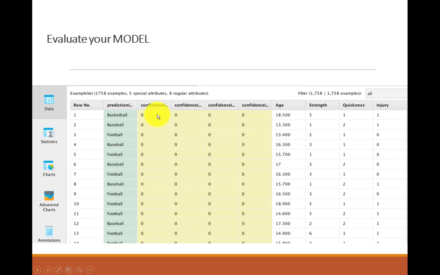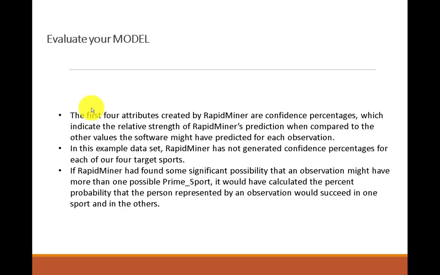So let's try again: 70% as basketball, 10 for baseball, 10 for hockey, 10 for football. That's how you're going to see them, and we're going to run some other types of models with those confidences.